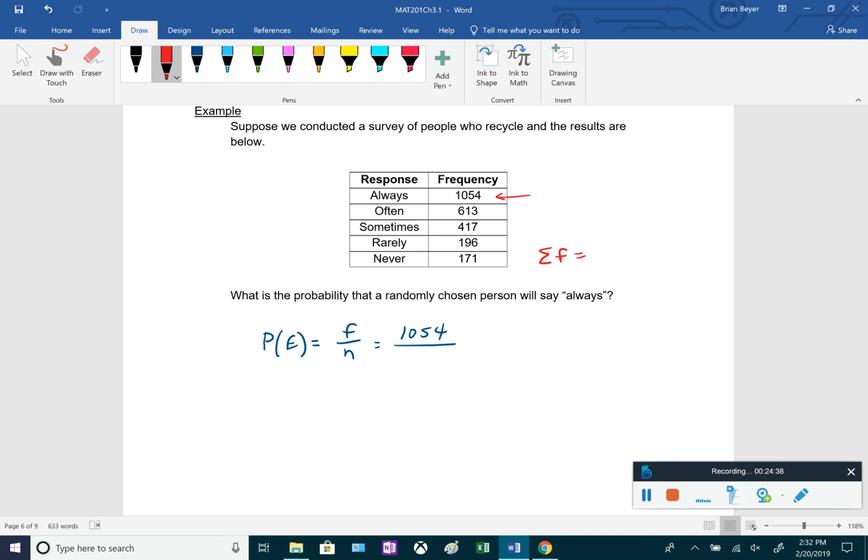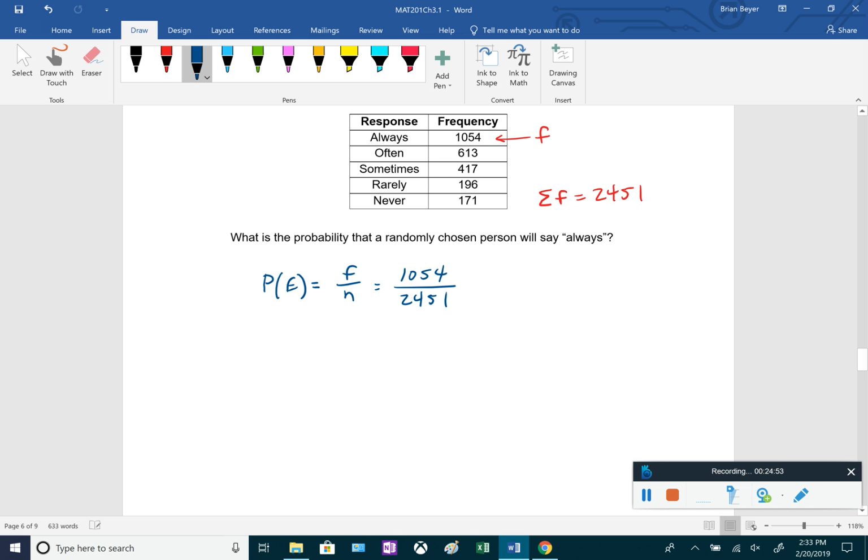So I'm just adding that right column up. If we add all those numbers, that would give us 2,451. So that's our denominator. So all we have to do is divide it. And that would be 0.43, which would be 43%. So 43% of the people essentially responded with always.